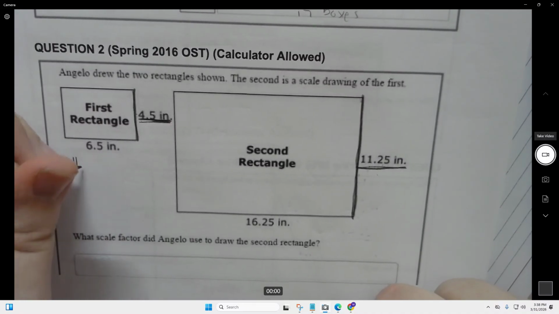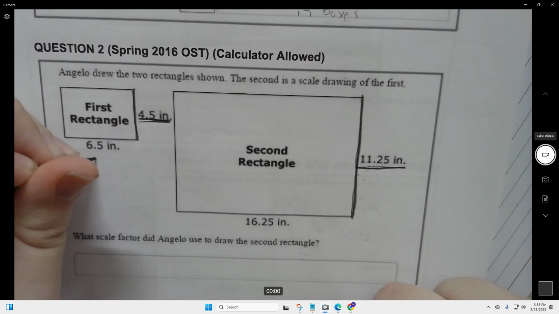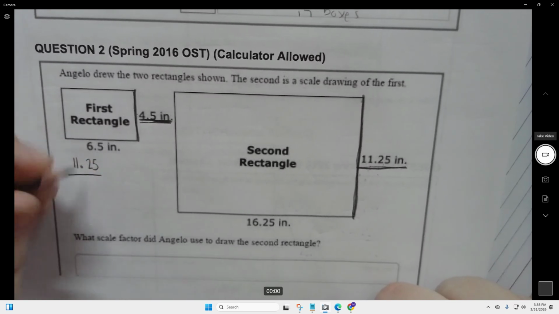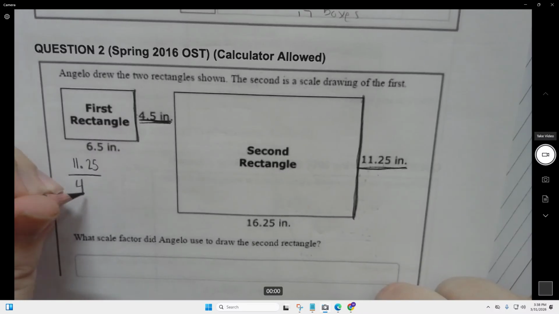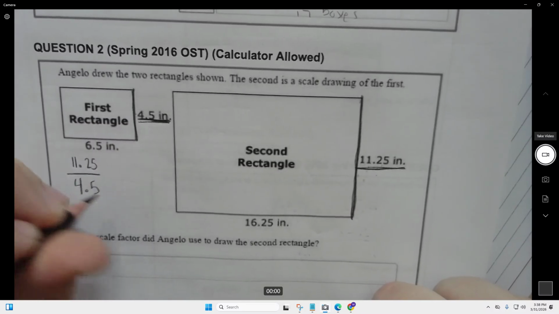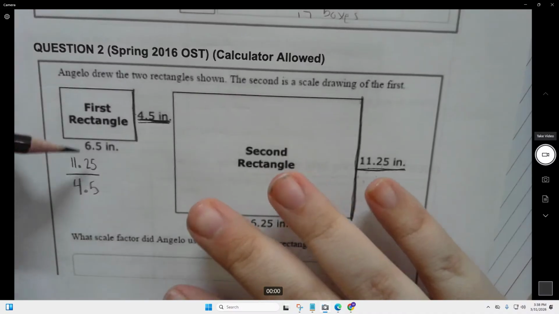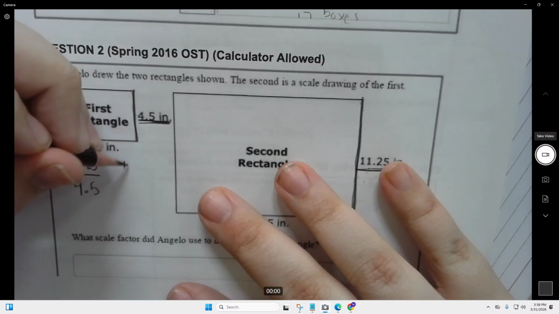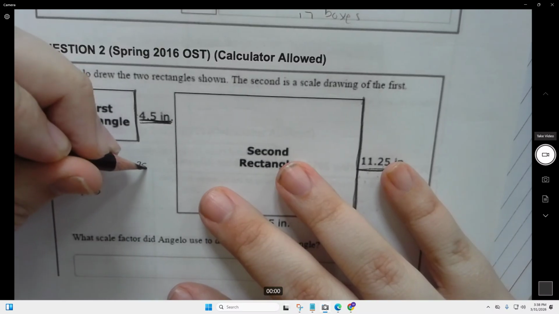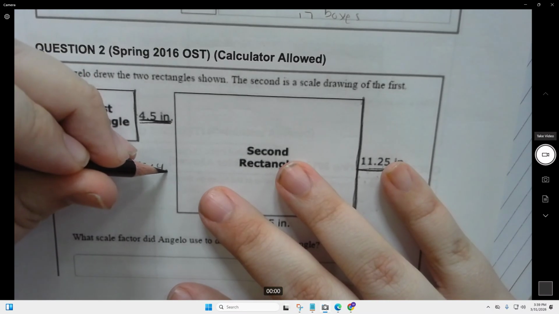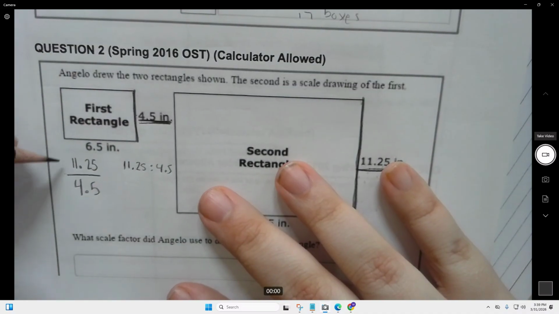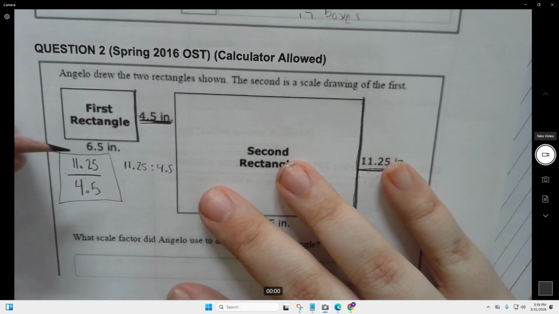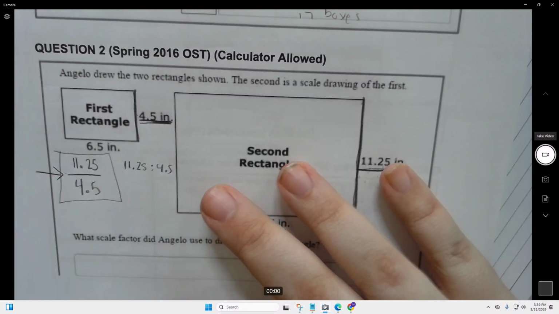You'll want to put the second one on top of your ratio. And remember, your ratio could be written as a fraction, like I've done here. It could be written as a colon, like I've done here. But for this, I'd use a fraction, because what does a fraction mean? It means divided by.